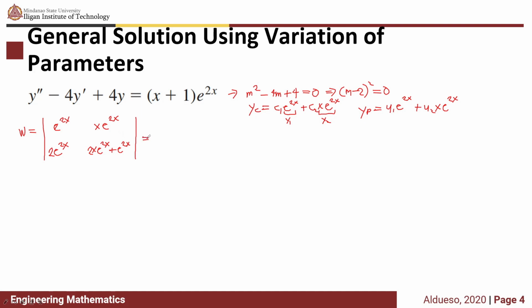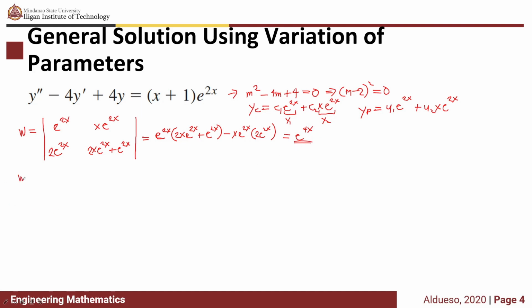Now getting the determinant of this matrix, we have e to the 2x times (2x e to the 2x plus e to the 2x) minus x e to the 2x times 2e to the 2x. This is equivalent to e to the 4x.